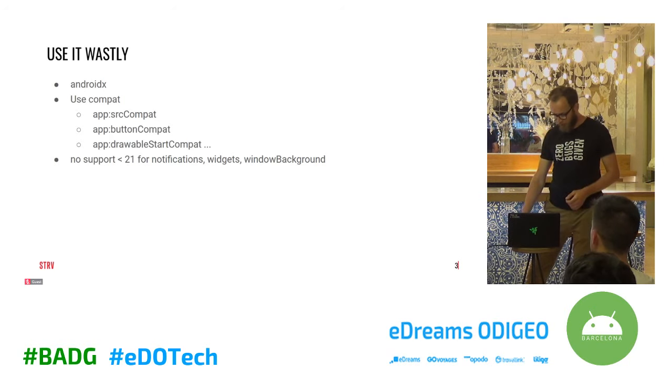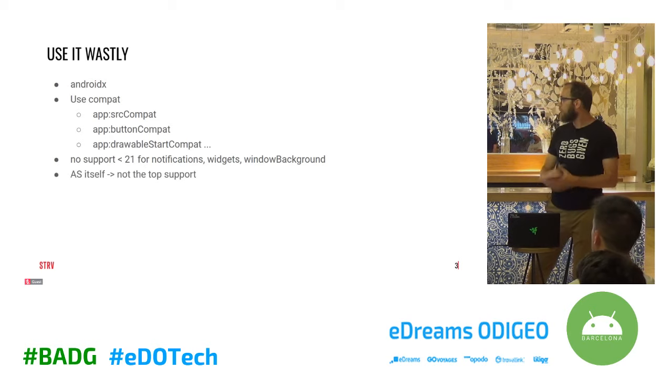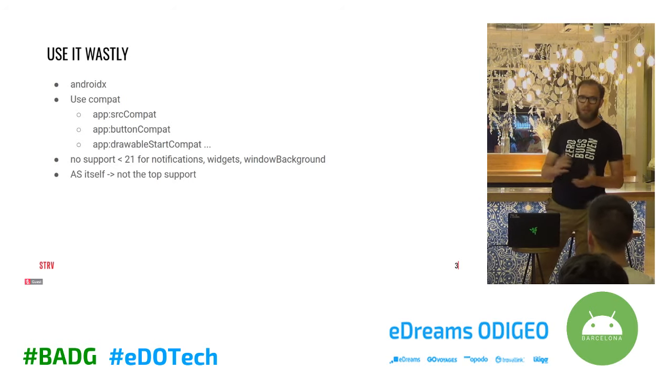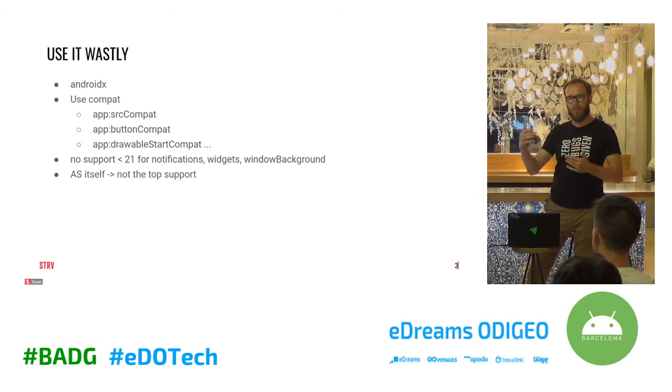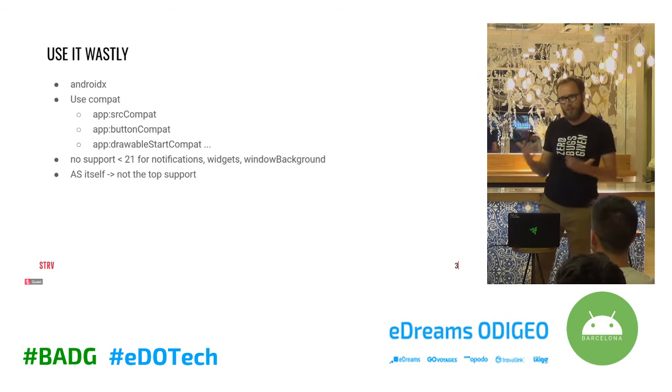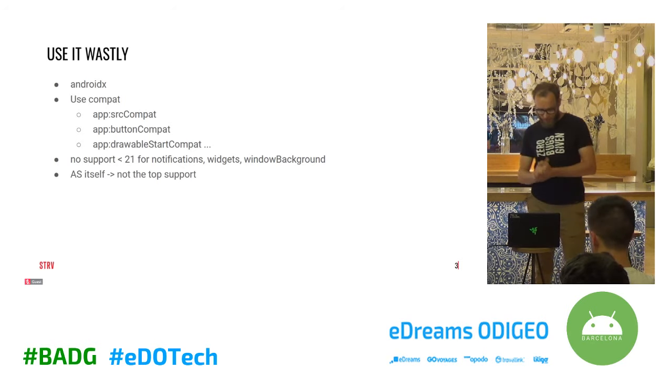And one last thing is that even Android Studio doesn't have the best support so far. It happens to me quite often that you get no autocomplete, just red text, without an actual error. But it's getting better, for sure.